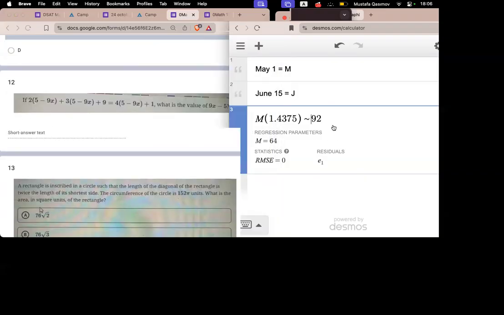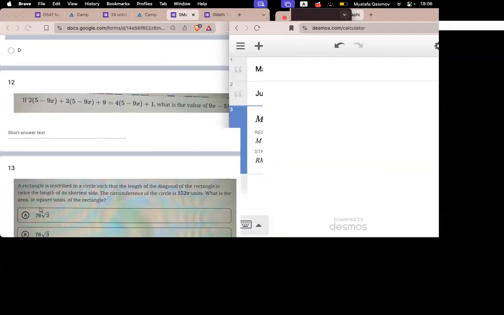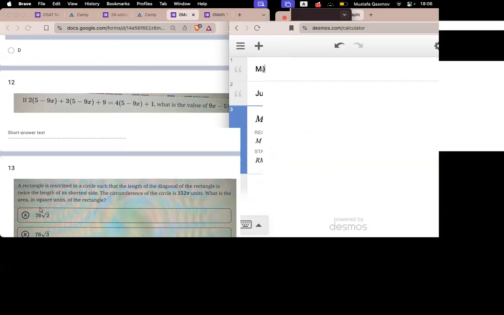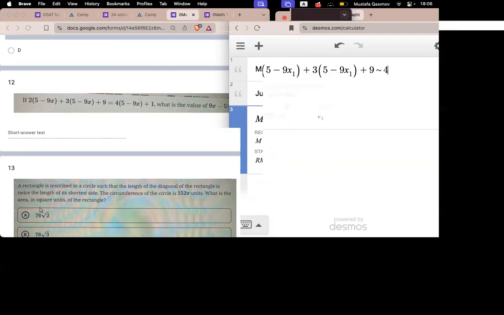12. For 12, you can write it to decimals like that. You can do it by yourself, but you can write to decimals like this. For multiple by 5 minus 9x1 plus 1 and 9x1 minus 5.